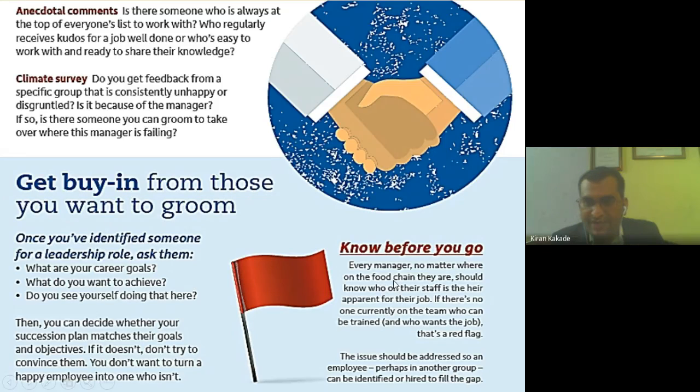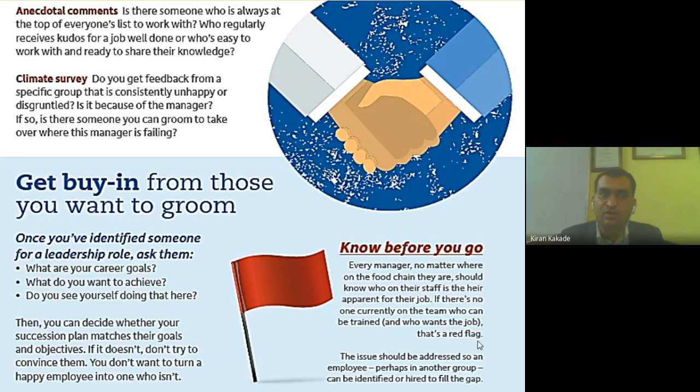Know before you go. Every manager, no matter where on the food chain they are, should know who on their staff is the heir apparent for their job. If there is no one currently on the team who can be trained and who wants the job, there is a red flag. देखिए, हर एक मैनेजर को ये पता होना चाहिए कि उसके टीम में कौन उसका सक्सेसर होगा. He must know that. That's why he's the manager, na.